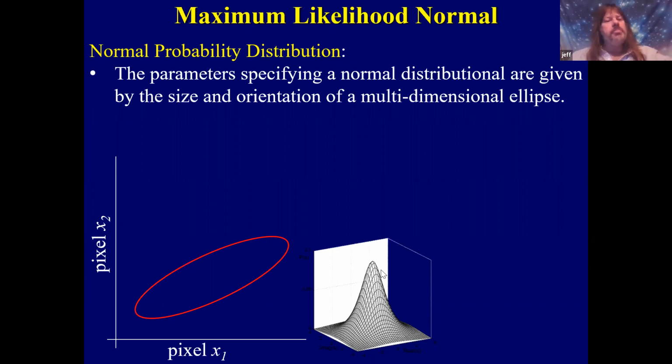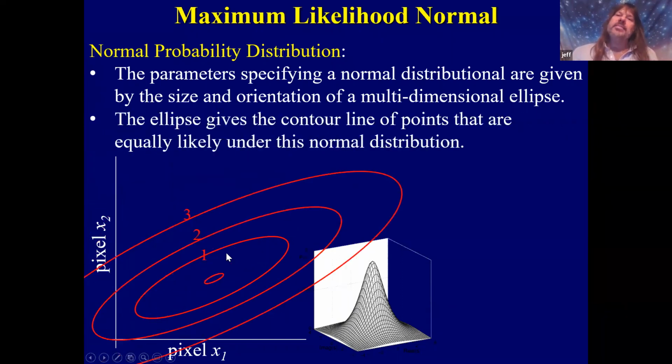Because if X1 was big, then that probably tells me that X2 is going to be big, right? So there are lots of different normal distributions. And how are we going to parameterize them? We parameterize them by defining an ellipse, right? Here's an ellipse.